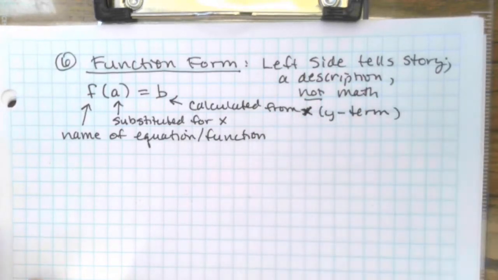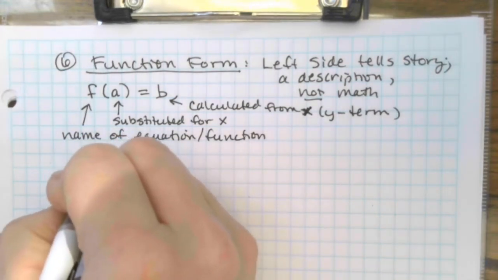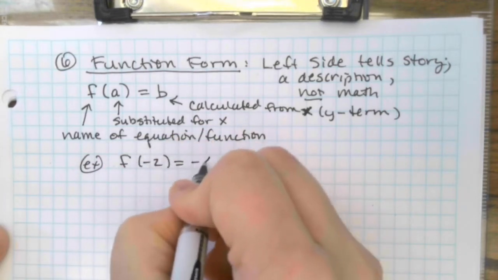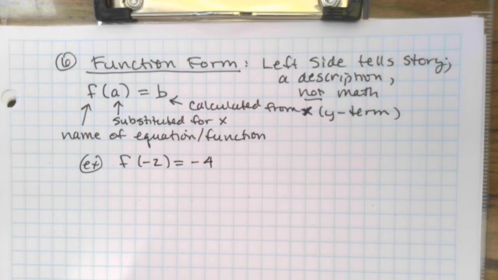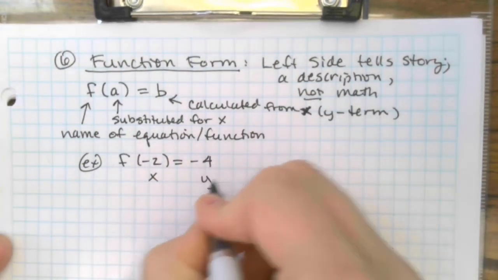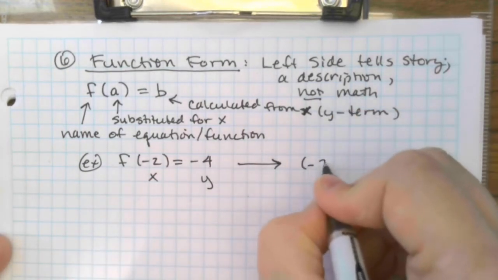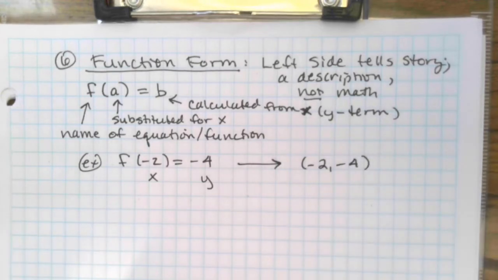It's what you get from the x. X creates y. So for example, if I show you something like f of -2 equals -4, this is the x value that was substituted into the function. This was the y. This is function form. In Cartesian form, it would be -2, -4 with the x and the y. It really is just a different notation form.